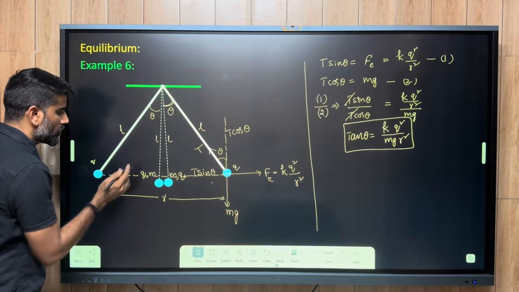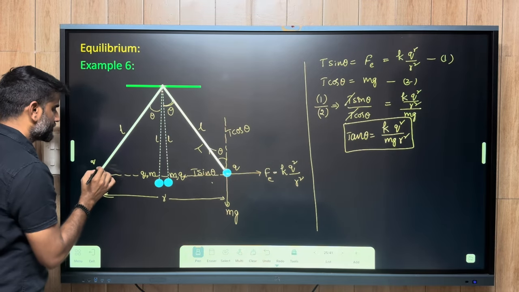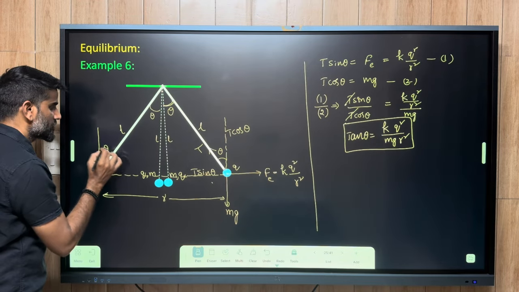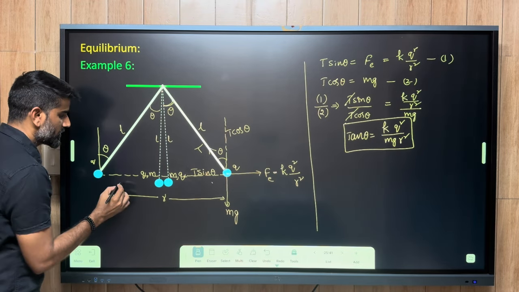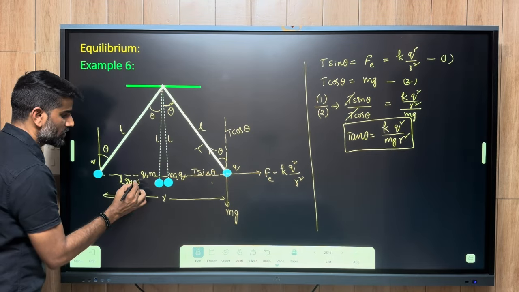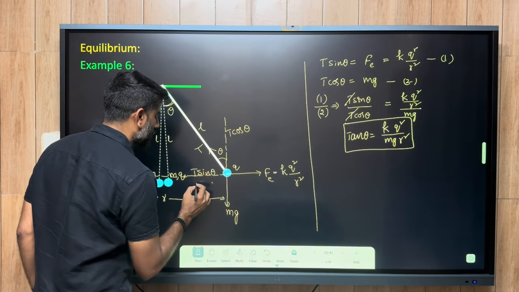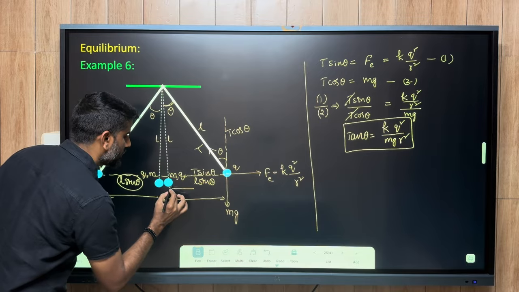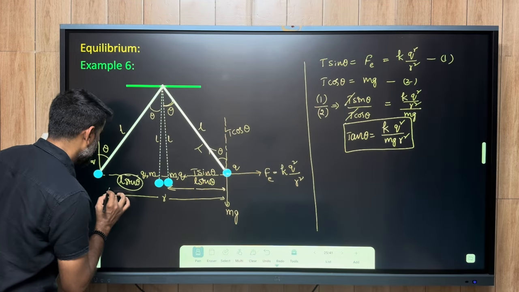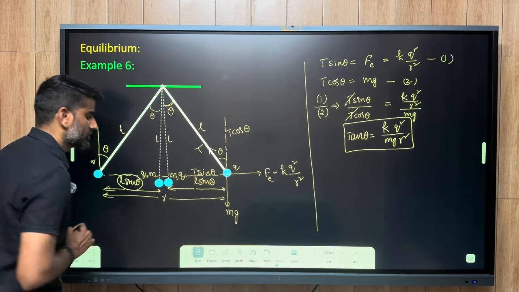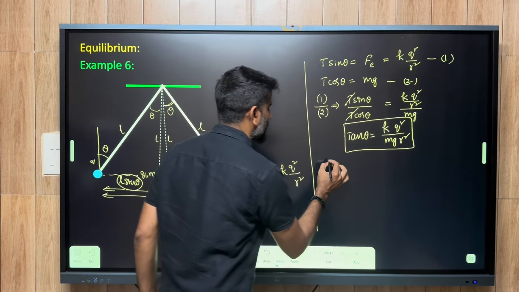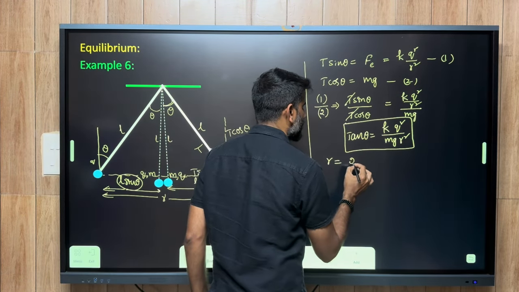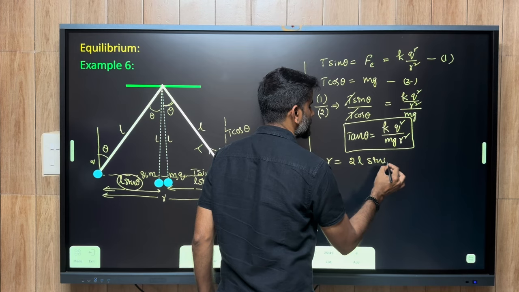If this is theta, this must be theta, and L sin theta will come this side, and this side also L sin theta. Total R can be written as 2L sin theta.